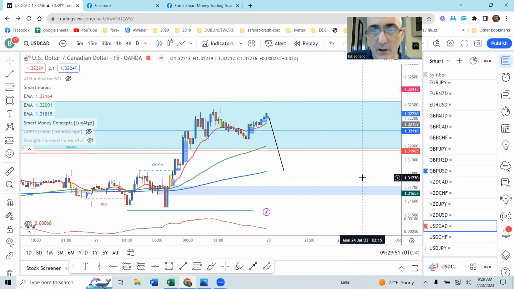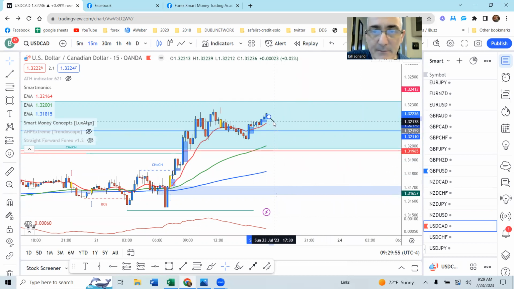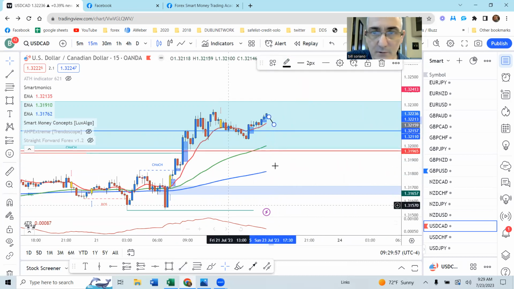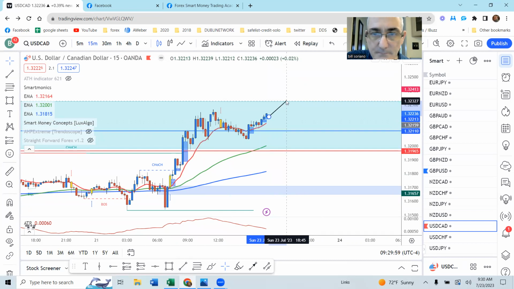Okay, so hopefully what happens is maybe price goes a little bit higher first, right, without invalidating our order block, and then it comes down and it gives us that change of character, and then it gives us a better area to trade from up in here, right?